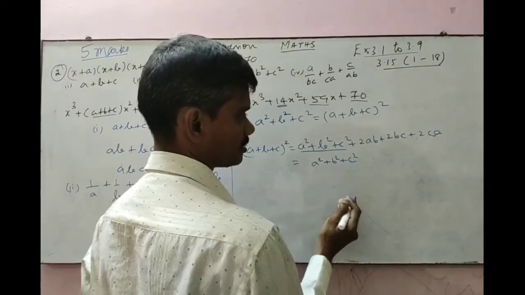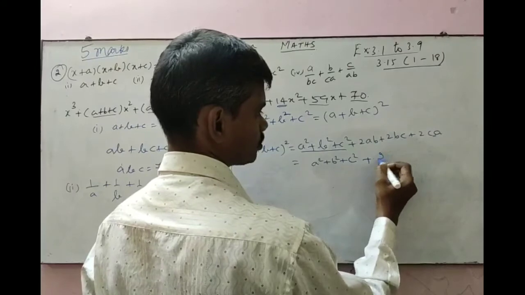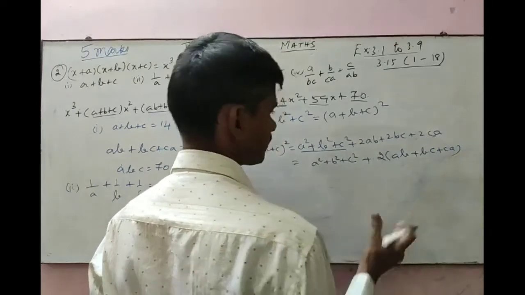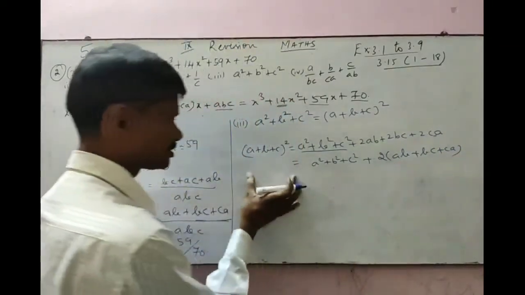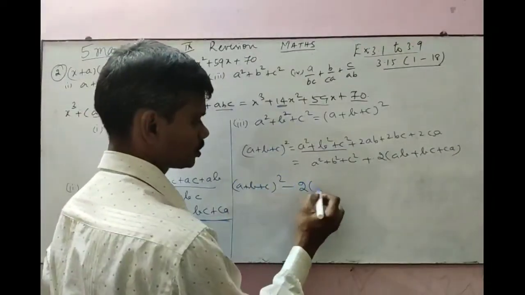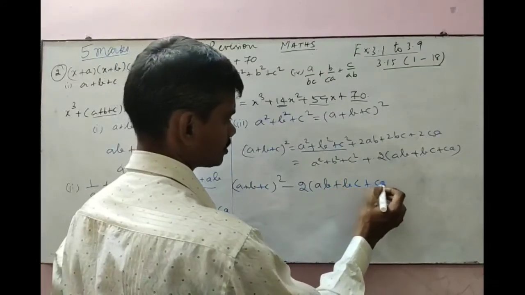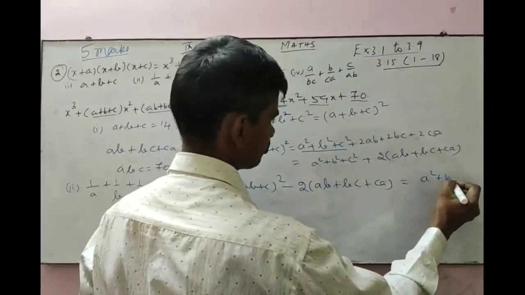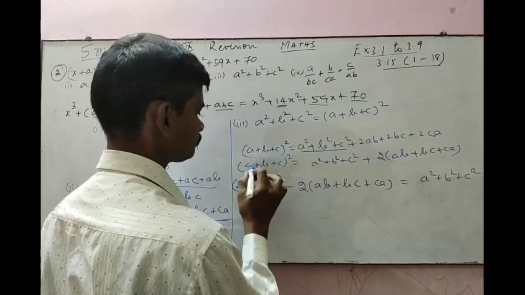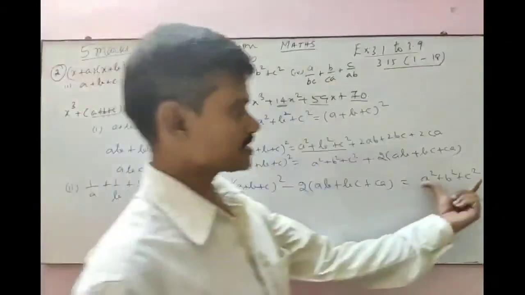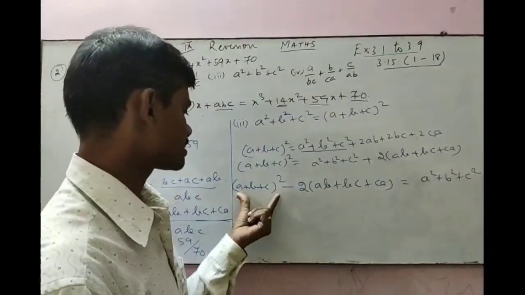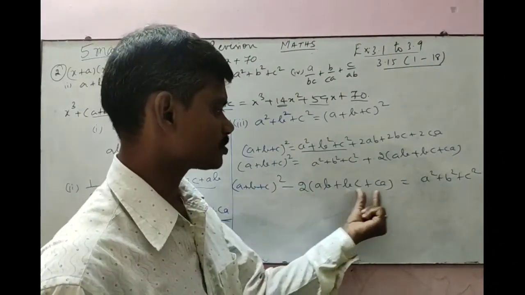In the right hand side, in these three terms, 2 is common. If you take 2 as common, you will get ab plus bc plus ca. If you bring this term to the left hand side, you will get a plus b plus c whole square minus 2 times ab plus bc plus ca, which is equal to a square plus b square plus c square. So this is the value we have to find out; for that, we arrive at the formula as a plus b plus c whole square minus 2 times ab plus bc plus ca.